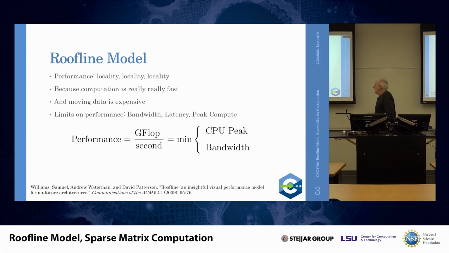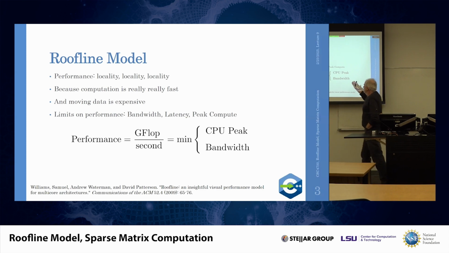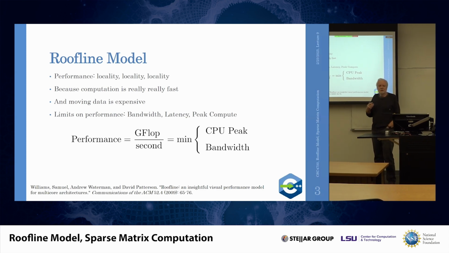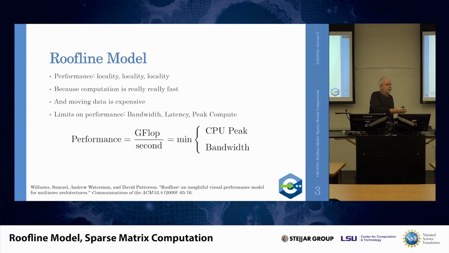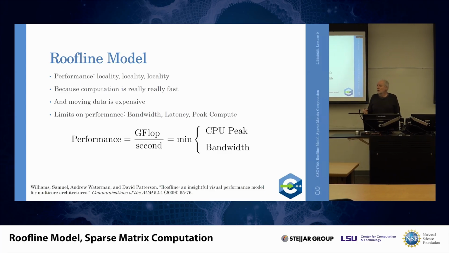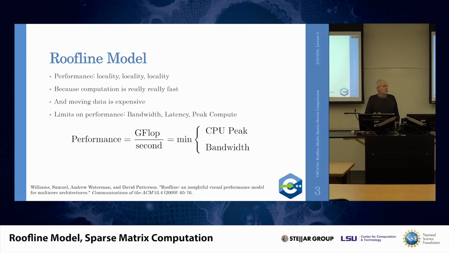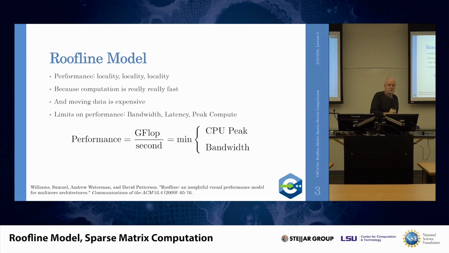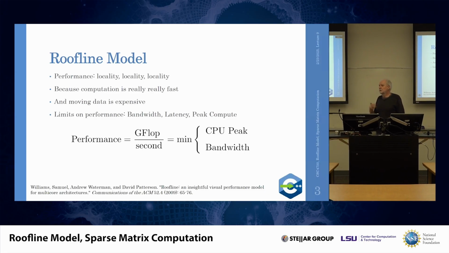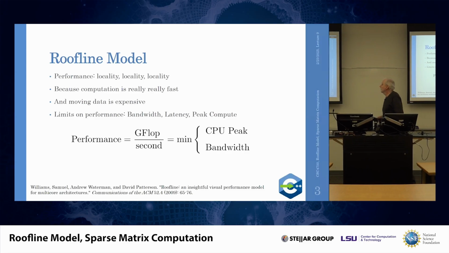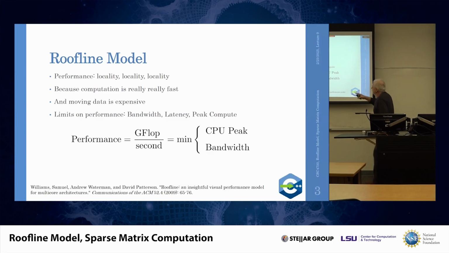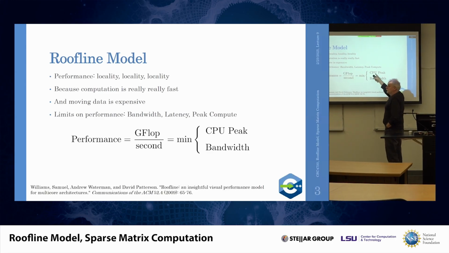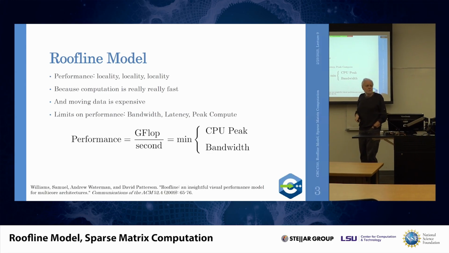On the other hand, when we talk about memory, there is another limitation. If we are not able to move all the data fast enough in and out of the core, then suddenly the memory bandwidth, the amount of data we can move, turns into the limitation that limits the performance of our algorithm. And the performance is the minimum of those. Either we can reach peak performance or we are limited by the memory bandwidth.